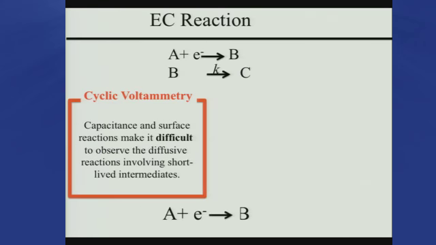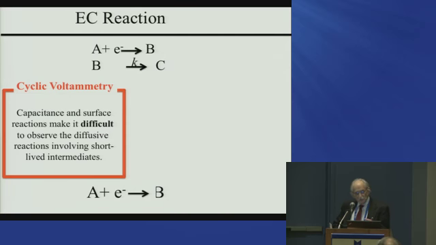There is a problem, however, in fast scan cyclic, which everybody knows who does this. And that's you're always competing with two things: capacitance. In other words, when I scan, I also have to keep charging the electrical double layer. And surface reactions.